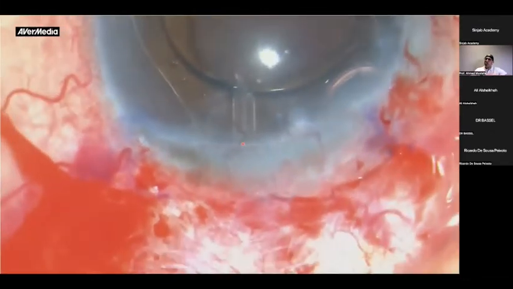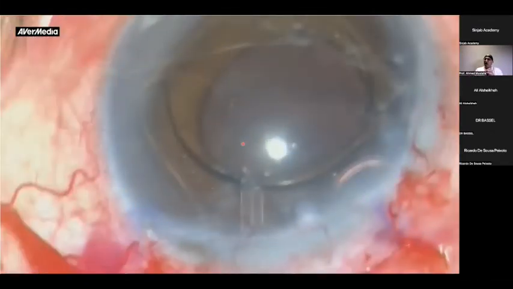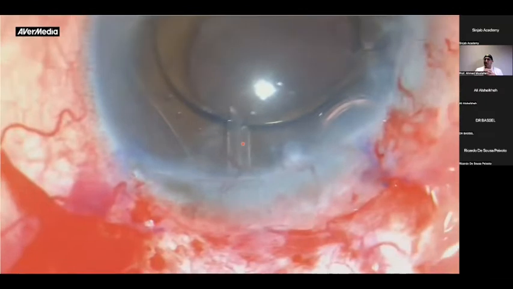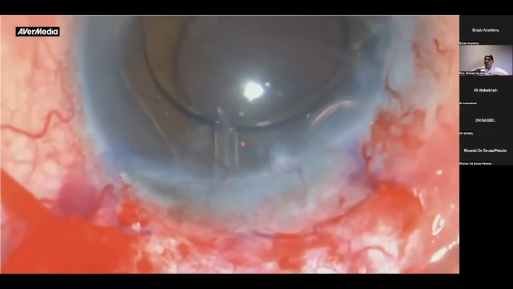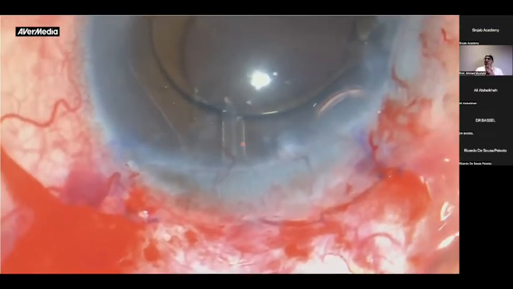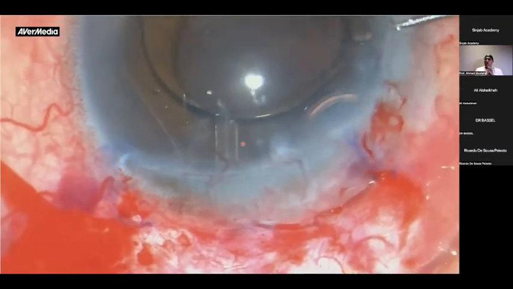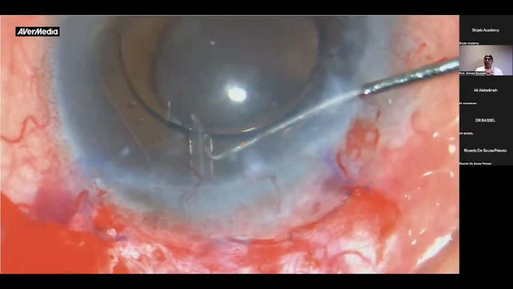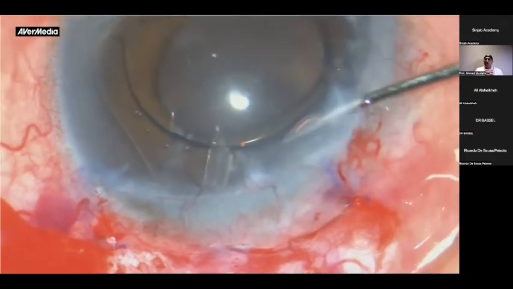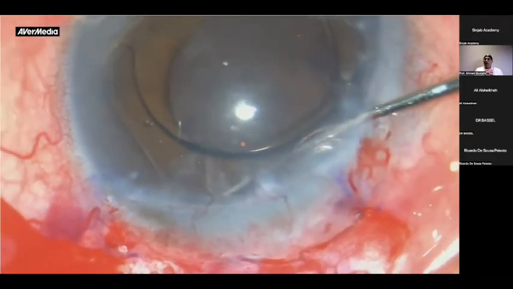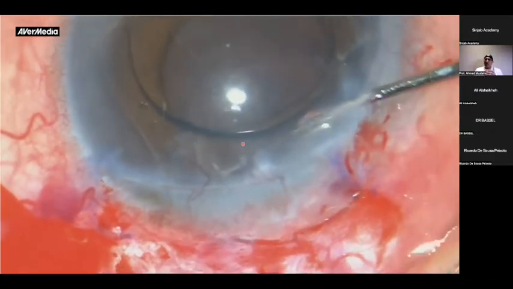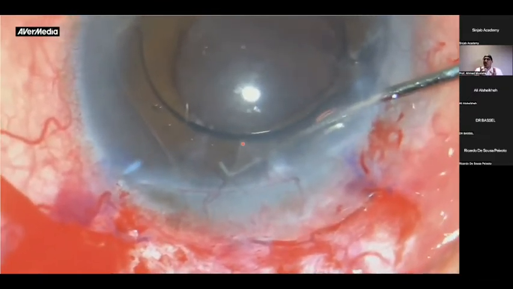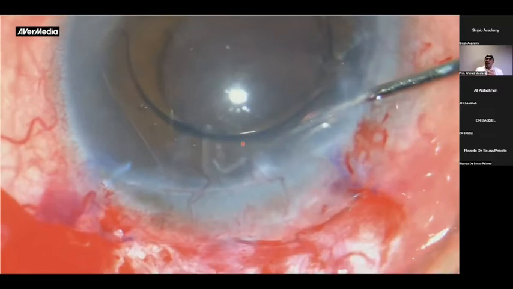So why not push the tube behind the IOL? The IOL is really fixed so that the tube will not make the IOL move forward and will not angulate it. So again, I got the tube, and then I'm trying to manipulate the tube to be under the IOL, and then I'll keep pushing towards the anterior vitreous.